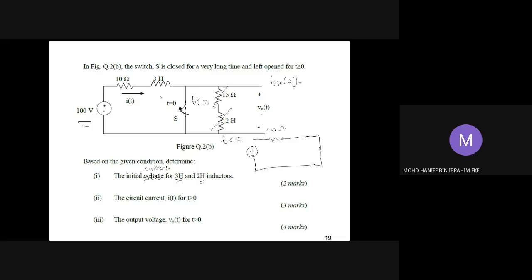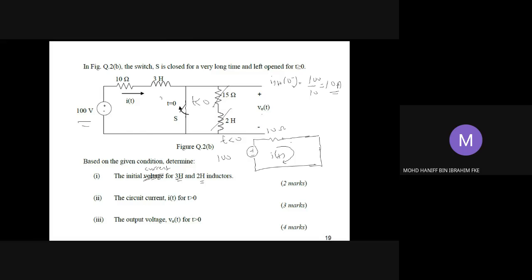That is the concept that we have done before in electronics, so we're going to apply it again here. Then you're going to have a short circuit for the inductors. So we can find the initial current for the 3 Henry inductor by calculating the current here, which is the IT. That should be the 100. So the IT value shall be equal to 100 over 10, which will give us a 10 amperes current.